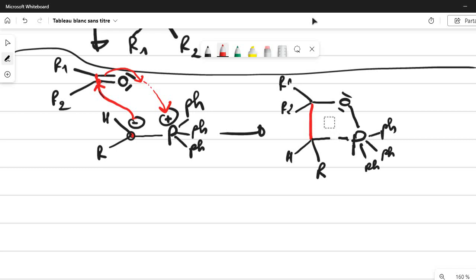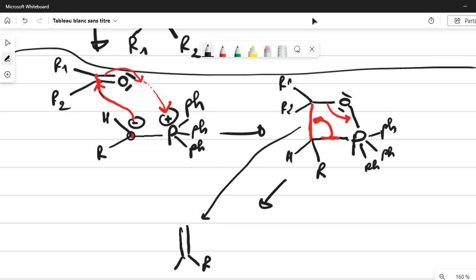So I'm going to add this bond here so that I form a P=O bond. And this one is going to be added like this. So I have R and H, and here I do have R2, R1. So cool.